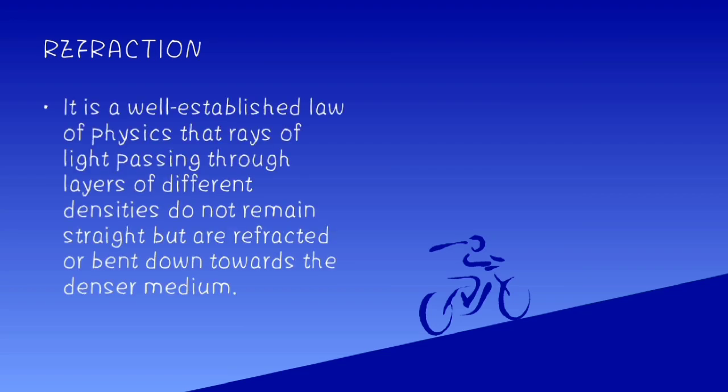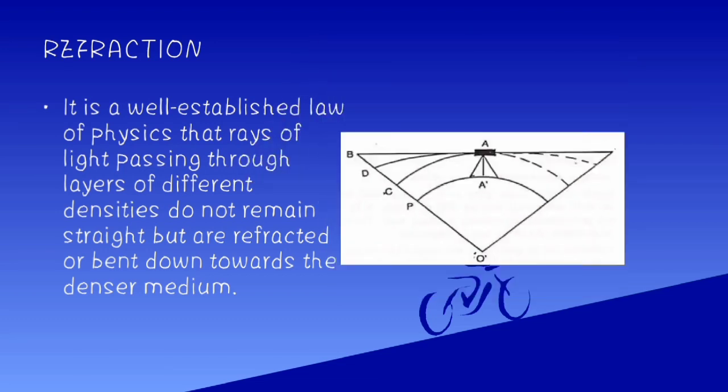It is a well-established law of physics that rays of light passing through layers of different densities do not remain straight but are refracted or bent down towards the denser medium. Let's look at the given figure.